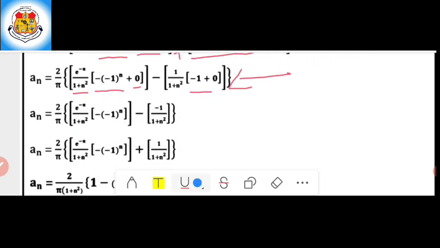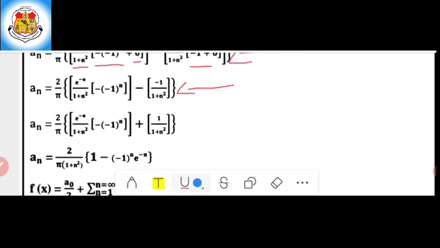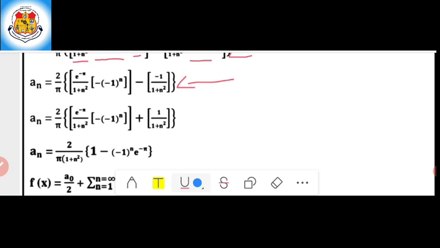So in the next step we get 2 by pi, in bracket e raised to minus pi upon 1 plus n square in bracket minus 1 raised to n, in the second bracket minus 1 upon 1 plus n square. Next, the minus sign we take outside, so here the plus sign is there.